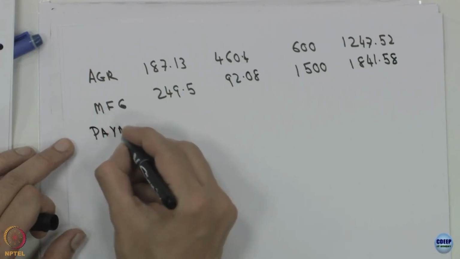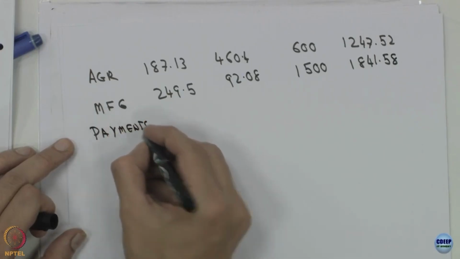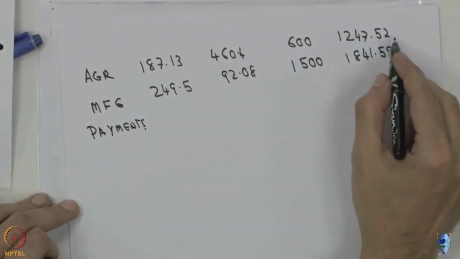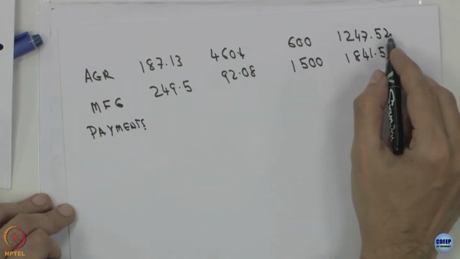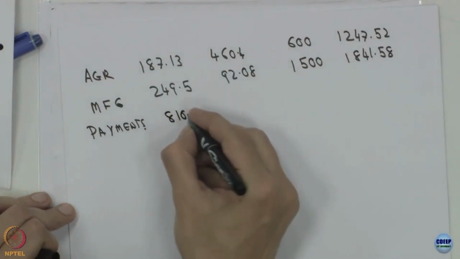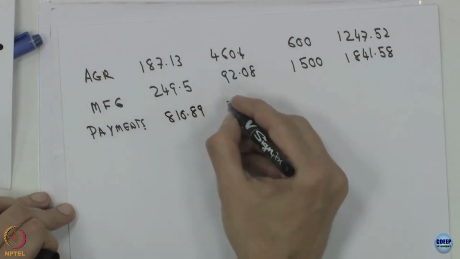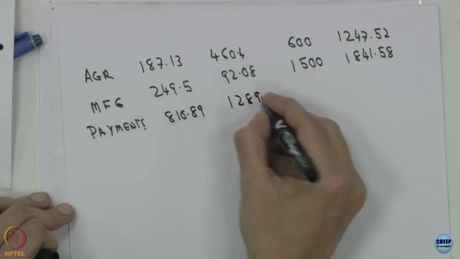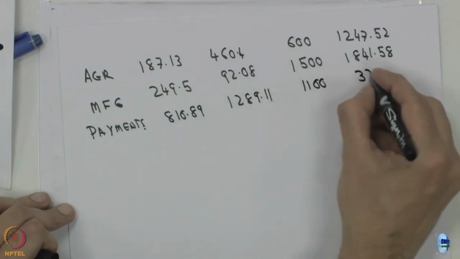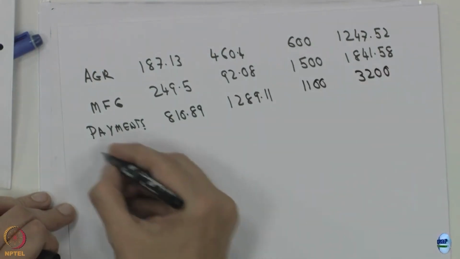Now, to calculate the payment sector, you will see that this total is 1247.52. Subtract from that these two, and you will get 810.89. This is 1289.11. This will remain unchanged. The total will be 3200.